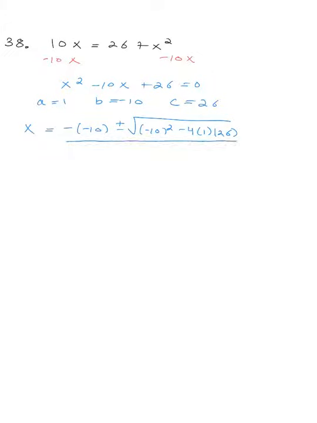And this is all divided by 2 times 1. If I simplify this, I get 10 plus or minus, all right, that is 100 minus, do this one out, so that's negative 10 squared minus 4 times 1 times 26. Yeah, it's negative 4.